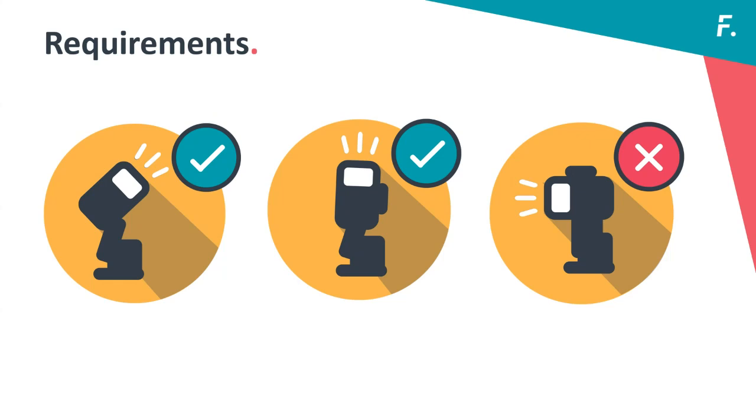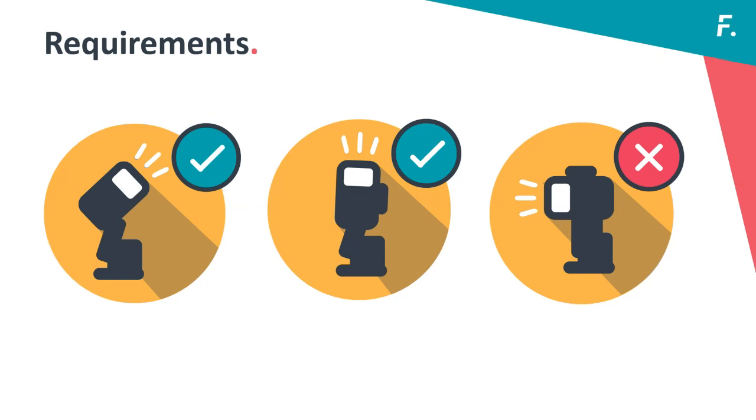So three simple things to remember for your requirements. The Flash should always be facing directly behind you at a 45-degree angle, or it can be facing up towards the ceiling. One of the most common mistakes that we see is people pointing the Flash forwards.